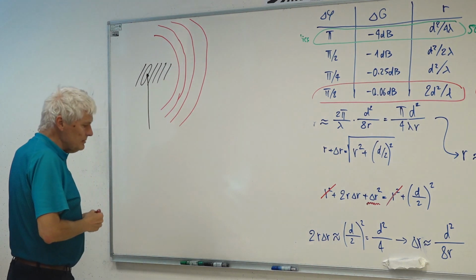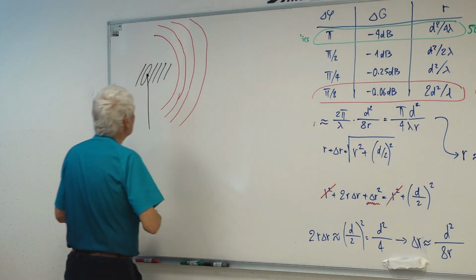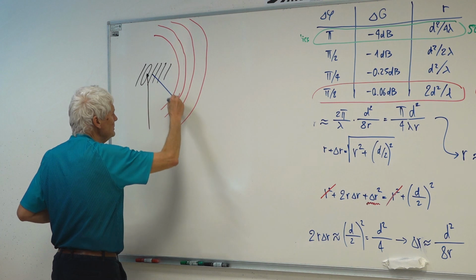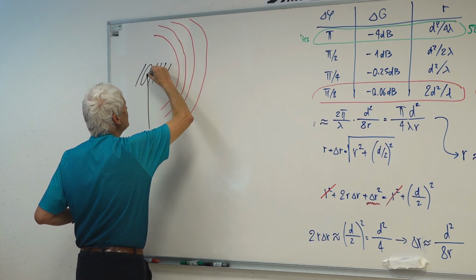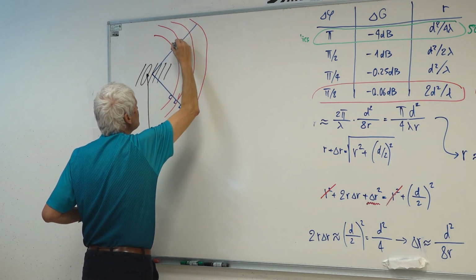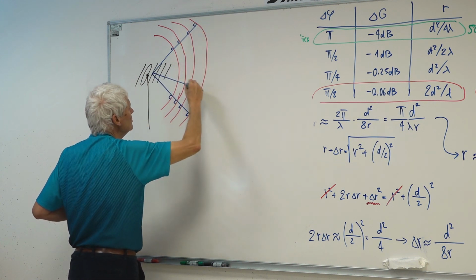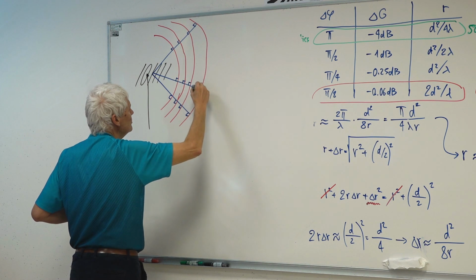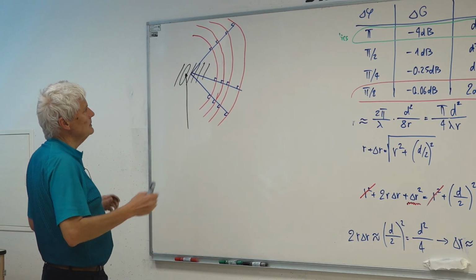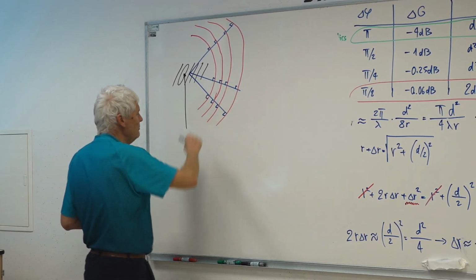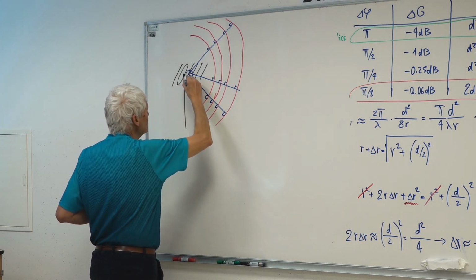What I'm trying to do is find where these waves come from. So I will draw lines perpendicular to the wave fronts here, and here, and hopefully all these lines intersect at a single point. This point of intercept of all these lines that I drew perpendicular to the wave fronts, if they intersect at a single point, is called the phase center of the antenna.